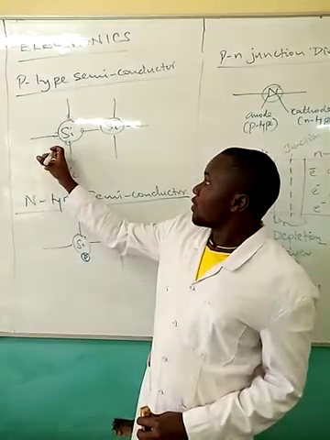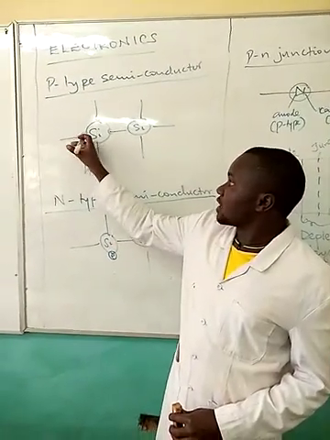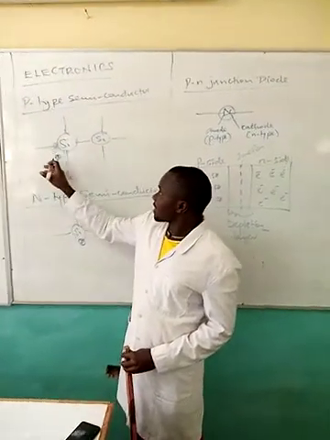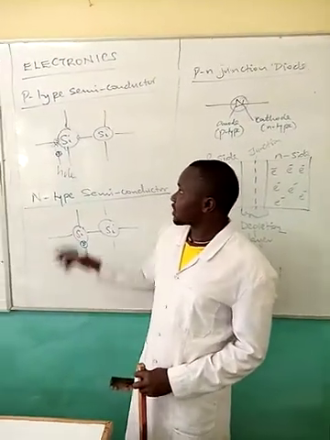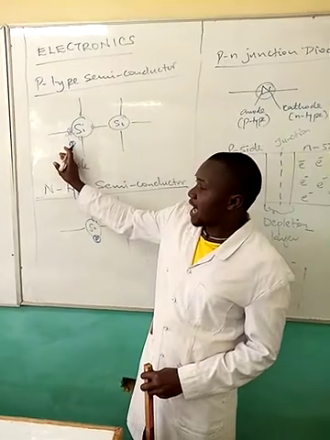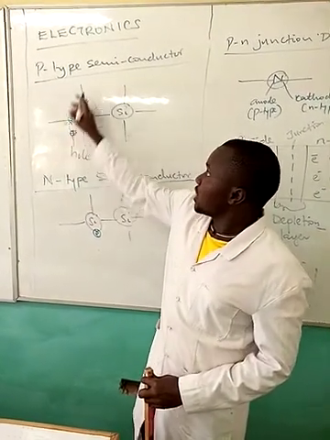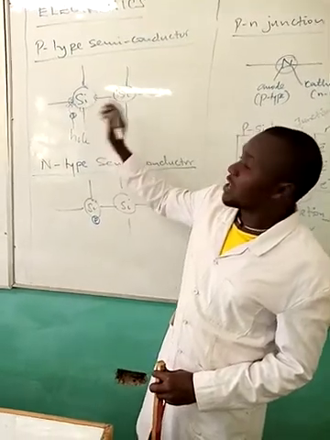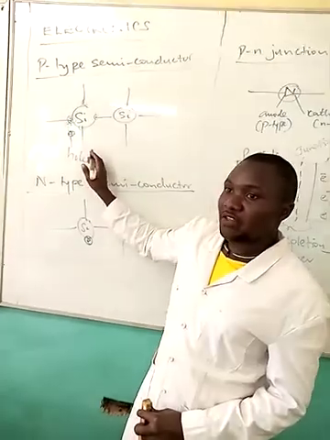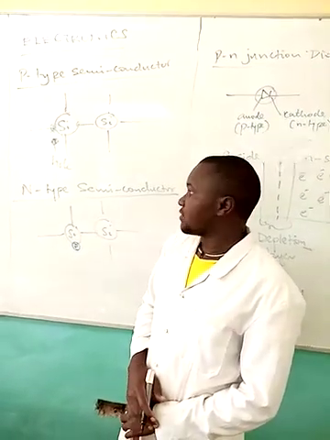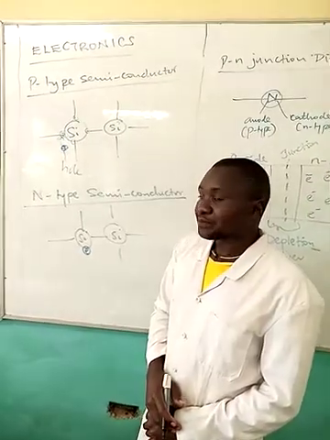Remember, because silicon is having an electron there, it will try to attract an imaginary electron, leaving there an absence of an electron, which we treat as a hole. So in a P-type semiconductor, the majority charge carrier becomes the hole. The hole is the one responsible for electrical conductivity in this case.